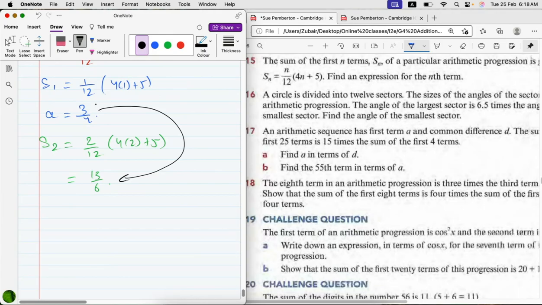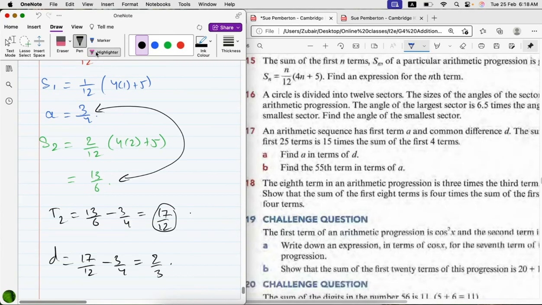So difference of first two terms will give me term 2. 13 by 6, sum of two terms minus the first term. So 13 by 6 minus 3 by 4 is 17 by 12. This is second term. So difference is second term minus the first term. Difference is also 2 by 3.